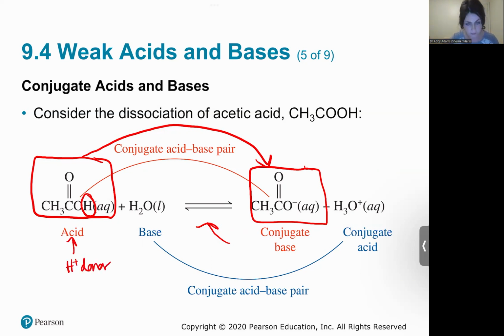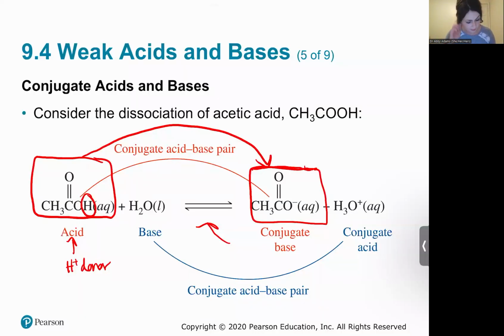It's a proton donor. And so whenever you have this reversible equation, on the other side of the equation you have this compound, and you can see that clearly, if you follow this compound, a hydrogen has been lost.